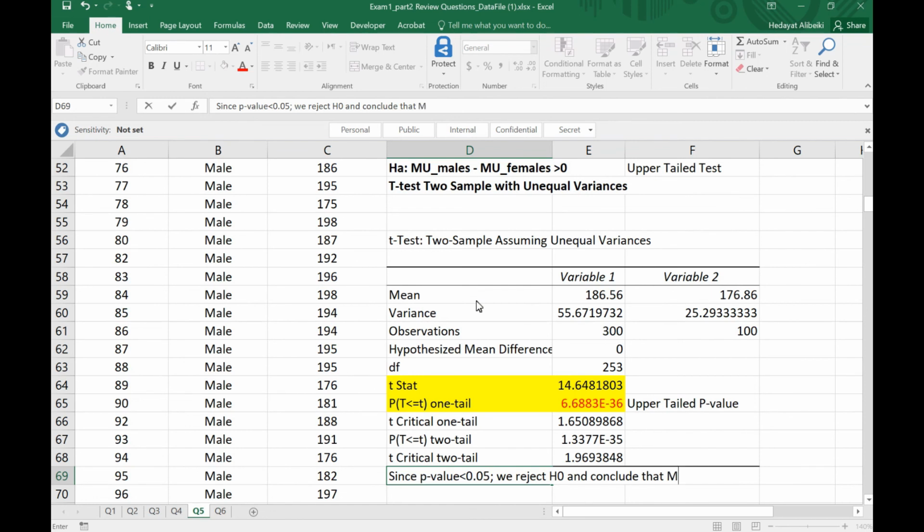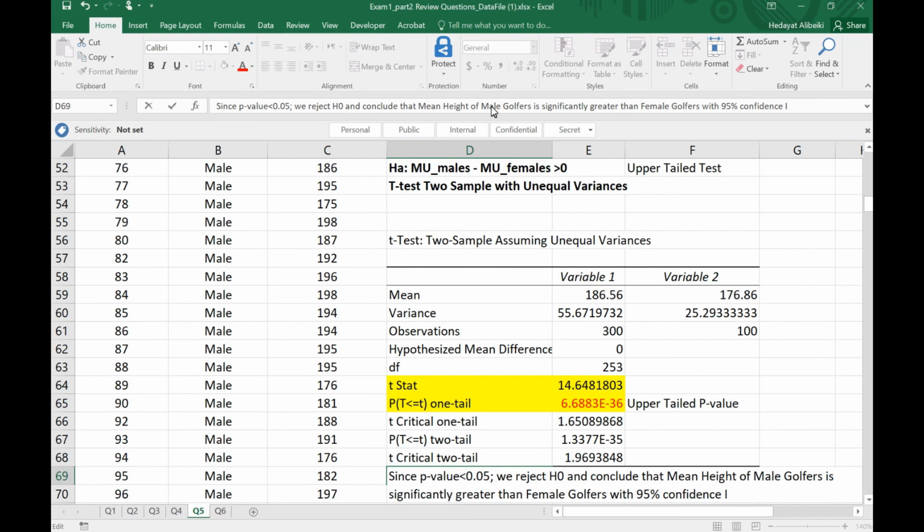We conclude that the mean height of male golfers is significantly greater than female golfers, and we make this conclusion with 95% confidence level.